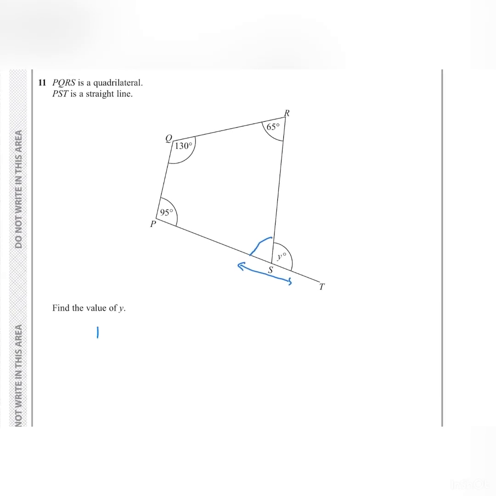So we can add all these angles up together first. So 130 plus 95 plus 65, and that is 290 degrees. And then 360 take away 290, that is 70 degrees. So this angle here is 70 degrees.